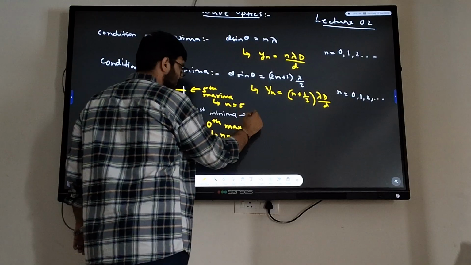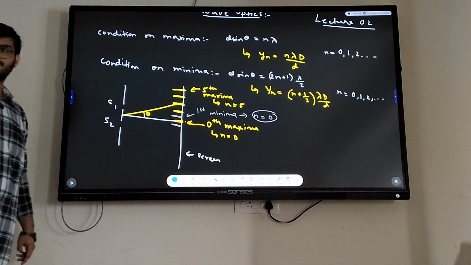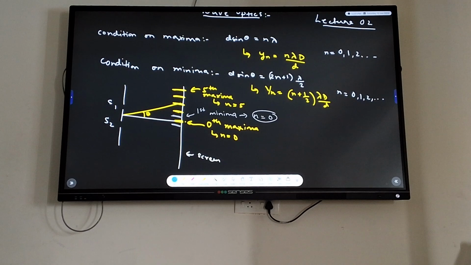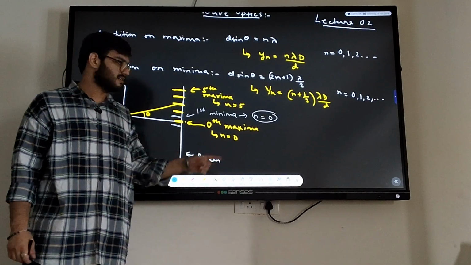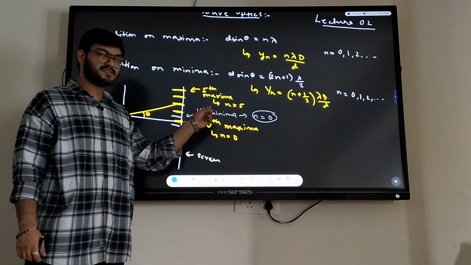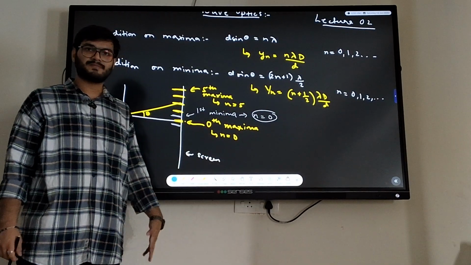Is it visible, this gray color? Are you understanding? There's a slide, I wanted to highlight this. So when n equal to 0, it's the 0th maxima. When n equal to 0, it's the first minima in the respective formulas.